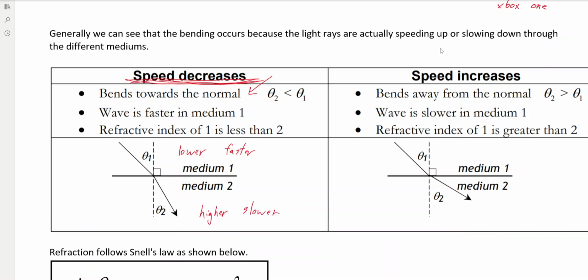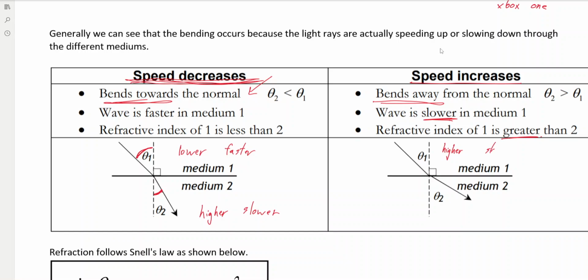Okay, so the angle decreases, meaning this angle in here is less than the angle in. The opposite is true as well. If the speed increases, it bends away from normal. And the wave is slower in medium 1, and index of 1 is greater than 2. So this has a higher index this time because it's the opposite.